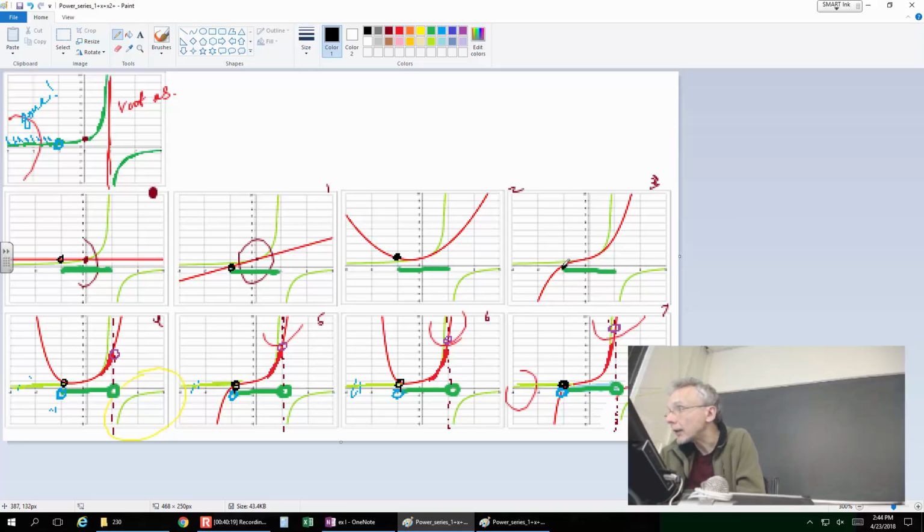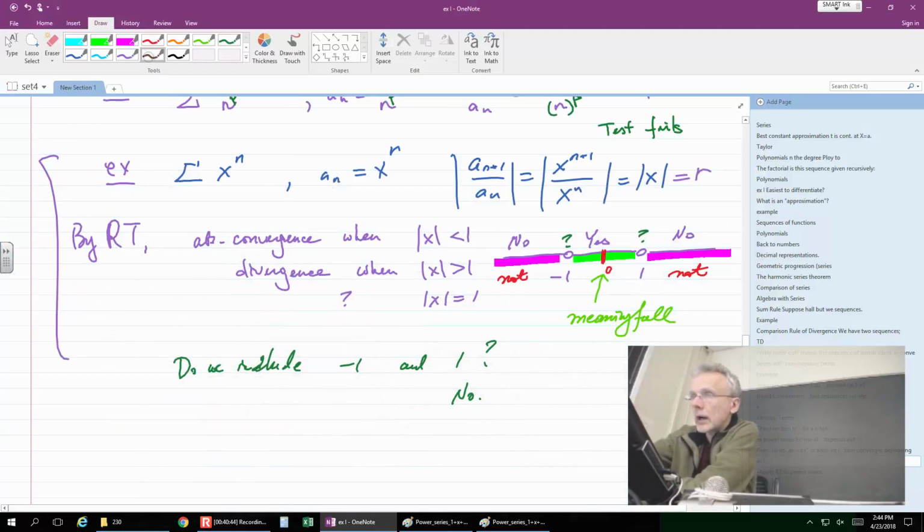These are the points above the blue one, above -1, and their behavior is certainly different from x equal 1, where it goes to infinity. Here it is not going to infinity, so it is at least reasonable to guess that there might be convergence there. And indeed the answer is yes, and we're going to verify that.